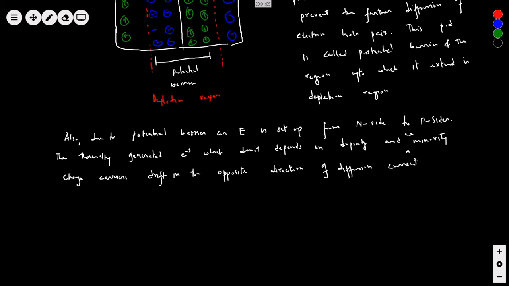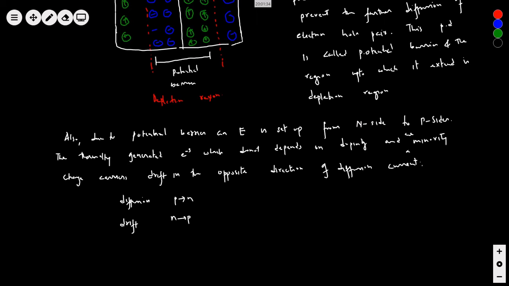So there are two kinds of current, as we can see: one is the diffusion current, another is the drift current. The drift current actually goes from the n side to the p side. So you can see diffusion is from p to n and drift is from n to p.